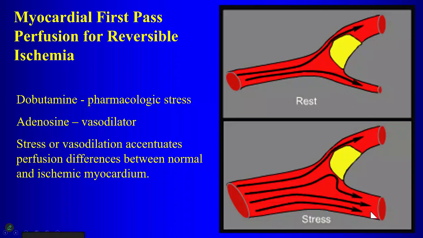So what happens here is that perfusion increases here to the normal myocardium, but the perfusion is not able to increase here to the ischemic myocardium. And so under the stress condition, you will see a perfusion defect, which you will not see under the rest condition. So that's called a reversible perfusion defect, and that indicates that there's ischemia along the distribution of that vessel.